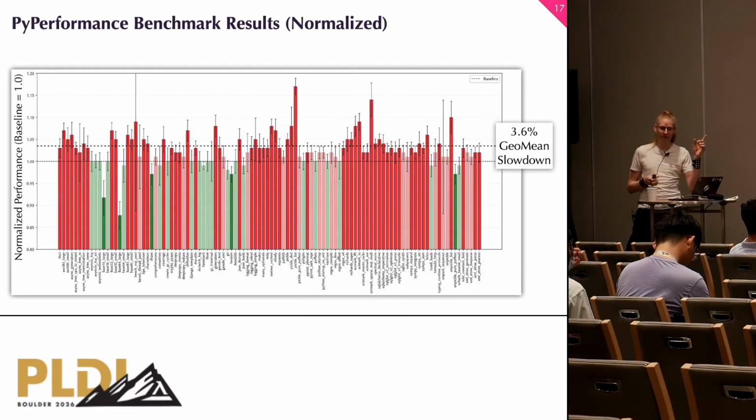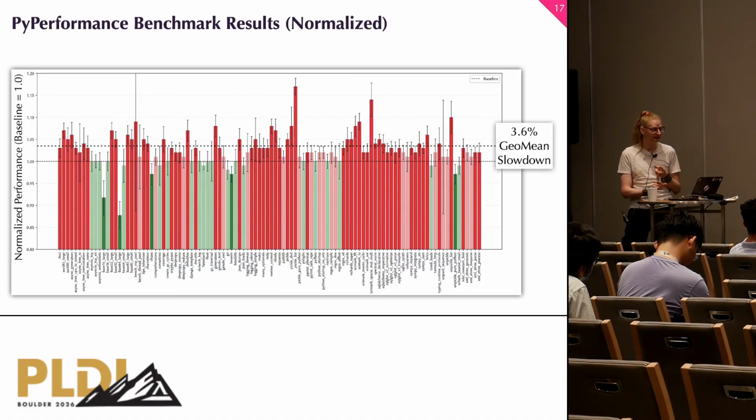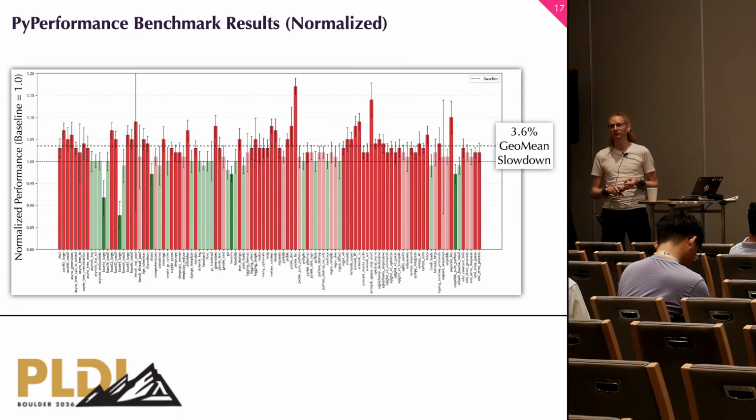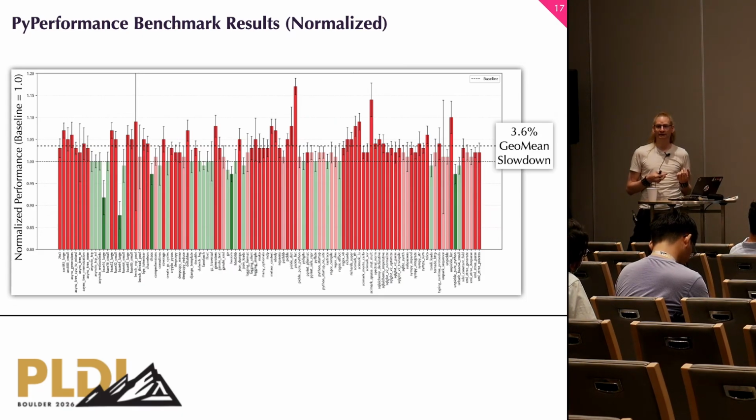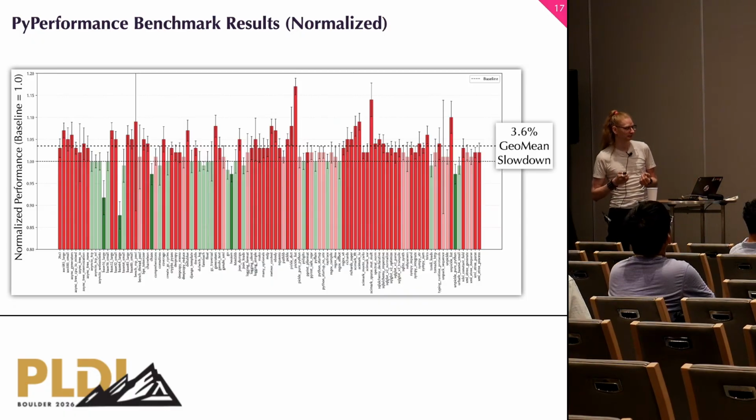We consider these results very good, given that we haven't spent time on optimizing it yet. We've added write barriers on the hot path of the runtime, and other proposals like free-threaded Python target a slowdown of 10 to 15% of single-threaded programs. So having a slowdown of just 3.6% geomean is quite good.